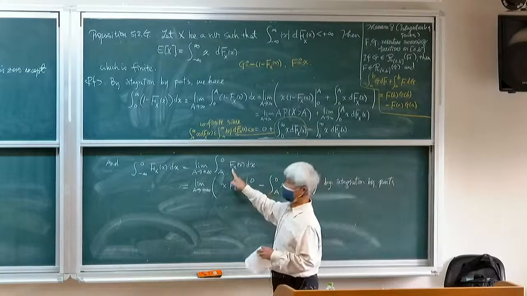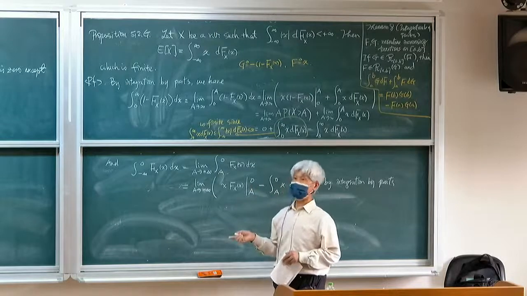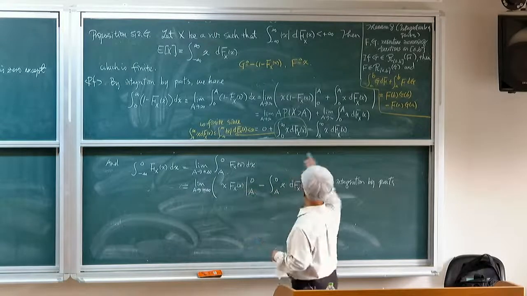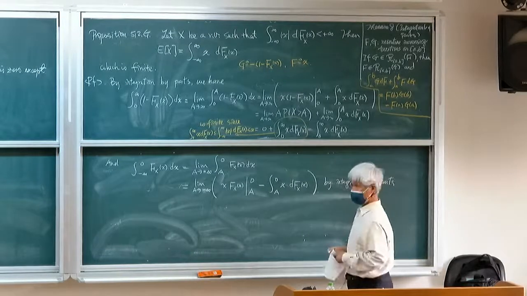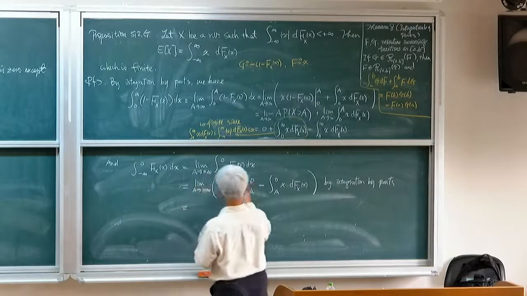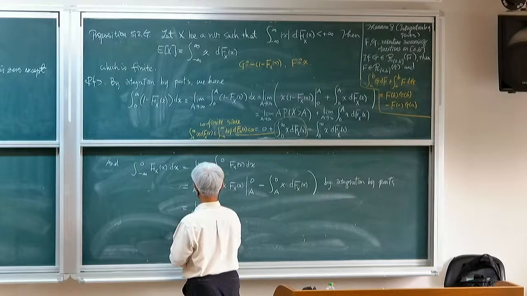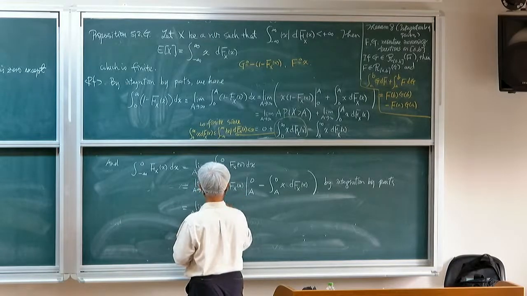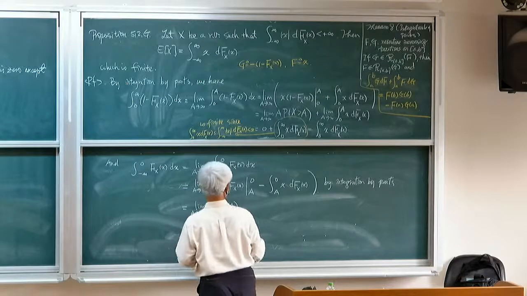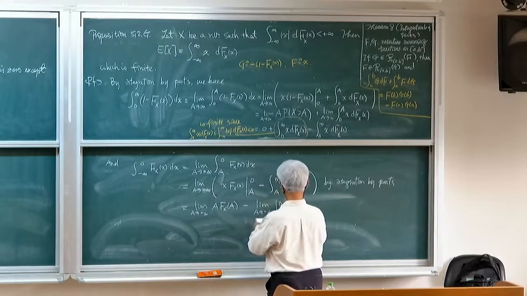Now F(x) is already monotone increasing, and the x linear function is also monotone increasing, so we can apply the theorem directly. So 0 is here, and we have the limit as a goes to minus infinity of a F(a) minus the limit as a goes to minus infinity of the integral from a to 0 of x dF(x).